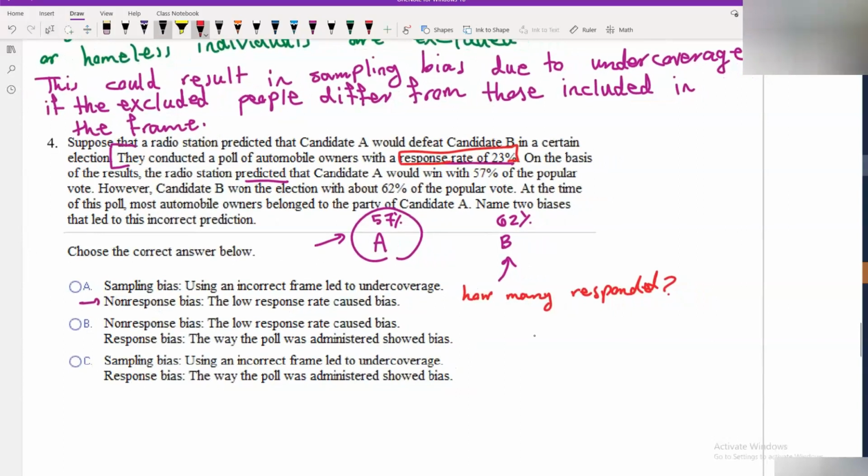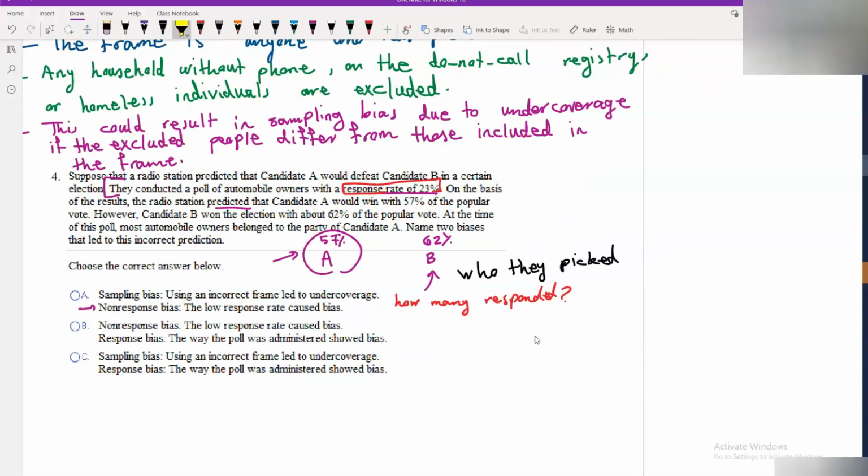And also we may ask who they picked to answer the questions. They conducted a poll of automobile owners, so that is our population.